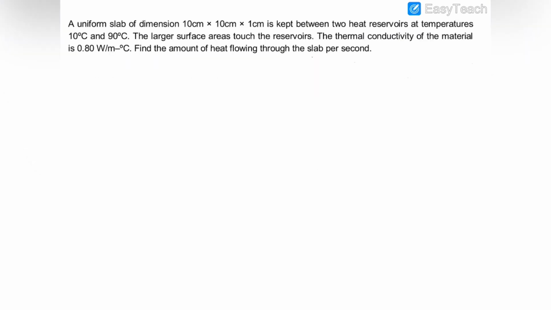In this question, you can see that there is a uniform slab of dimensions 10 by 10 by 1. It is kept between two reservoirs in such a way that its largest surfaces are touching the reservoirs, and the temperatures of the two reservoirs are 10 degrees Celsius and 90 degrees Celsius.